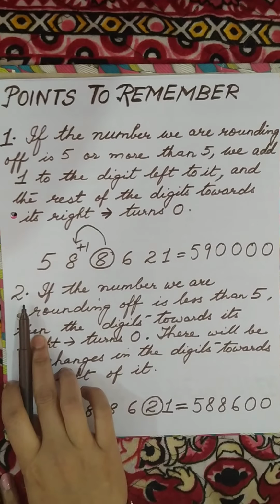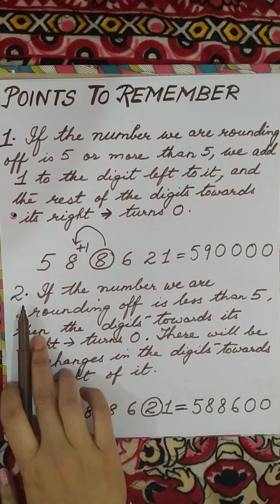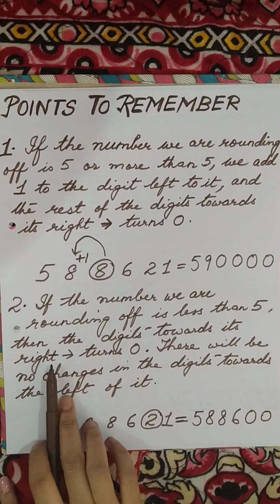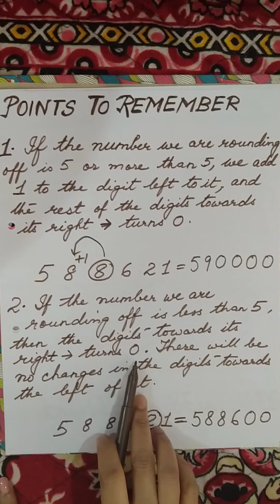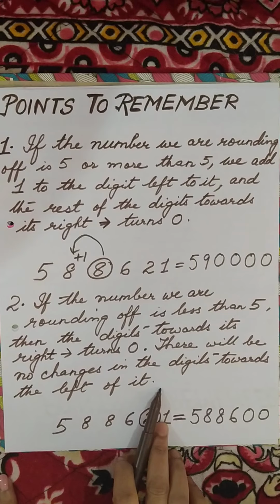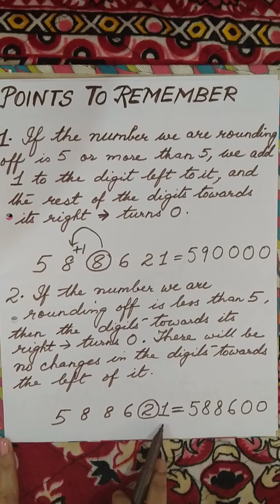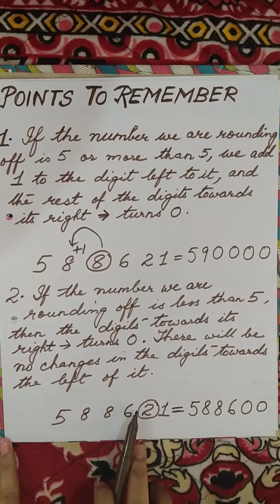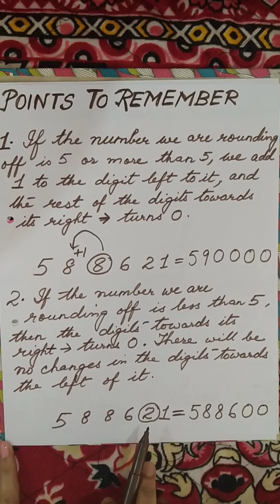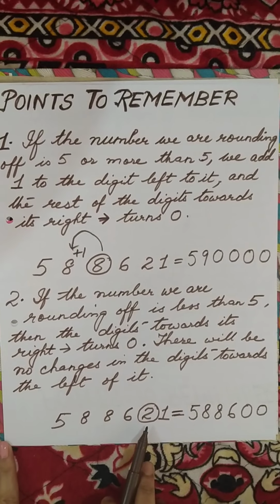Point 2. If the number we are rounding off is less than 5, then the digits towards its right turns 0. There will be no changes in the digits towards the left of it. Now here in this number given, the rounded off digit is 2, which is less than 5.